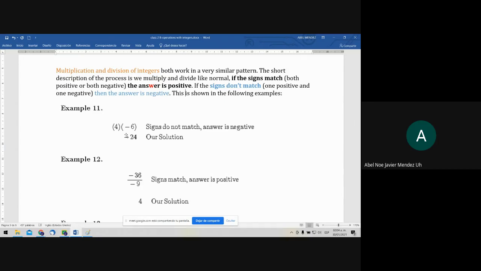The pattern is similar, okay, but the process of solution is different. Okay, don't confuse a subtraction or addition with a multiplication. That is a very common issue.